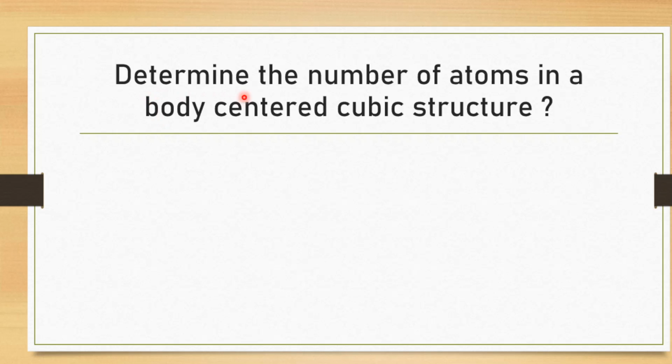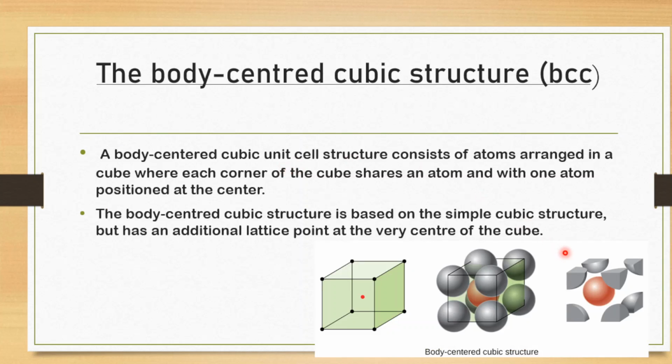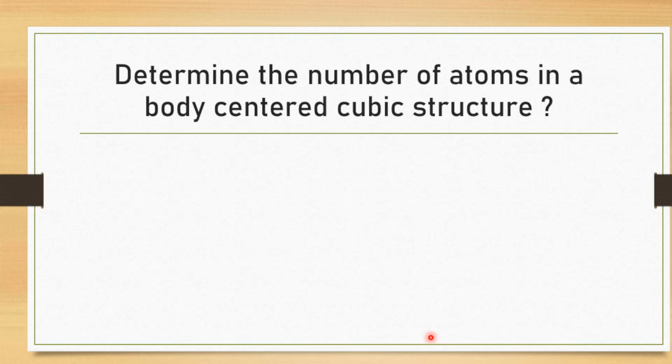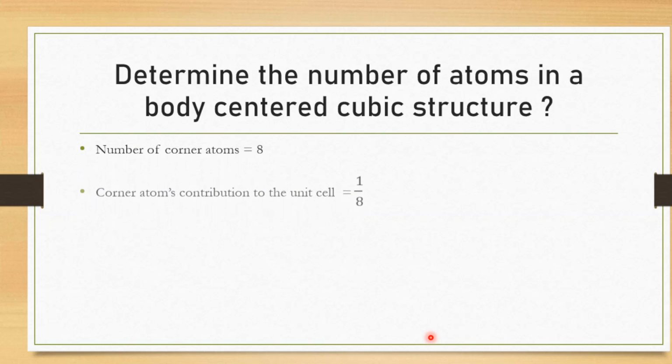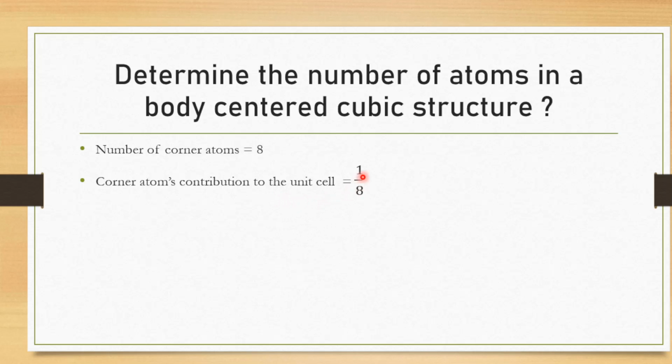Let's see how to determine the number of atoms in a body-centered cubic structure or BCC. Number of corner atoms is 8, 1, 2, 3, 4, 5, 6, 7, 8. Corner atoms contribution to the unit cell is 1 by 8.